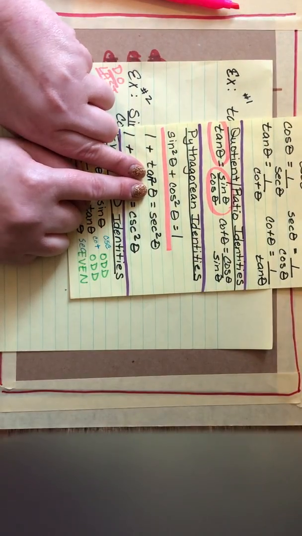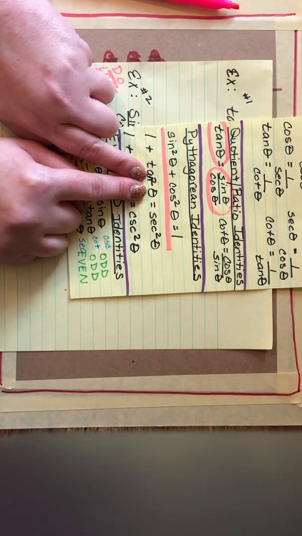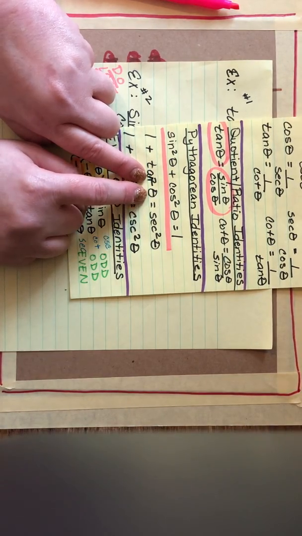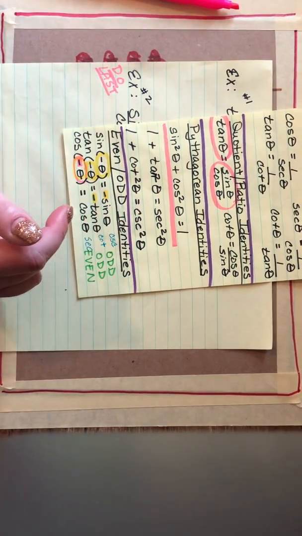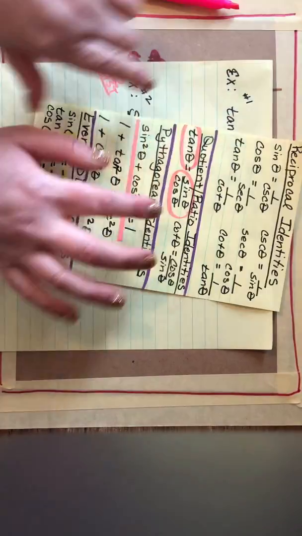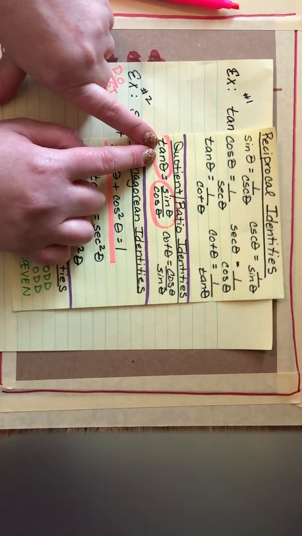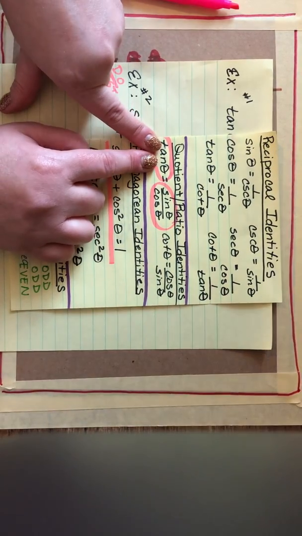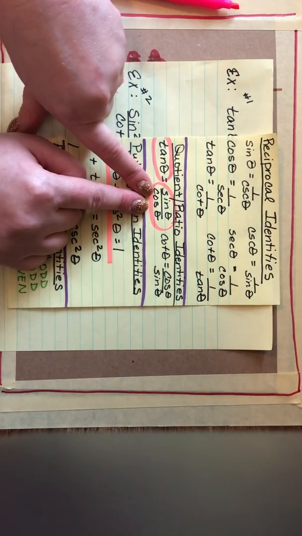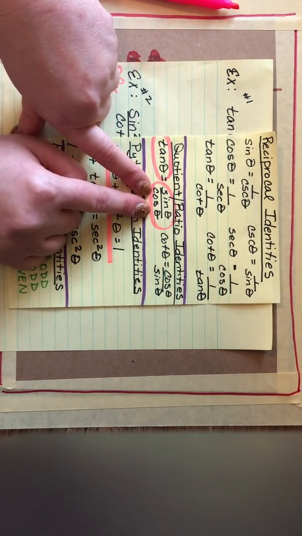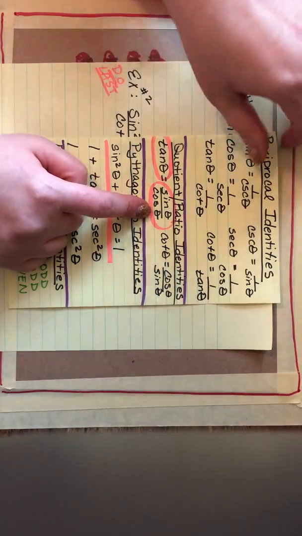Here's a tangent in the Pythagoreans, but that's useless because the rest of the equation does not say sines and cosines. So let's look at tangent as a quotient or a ratio. It is equal to sine over cosine. That's what we want to do first.